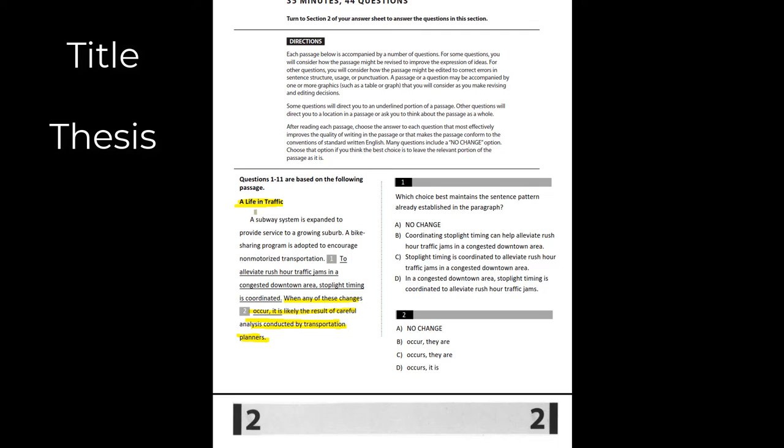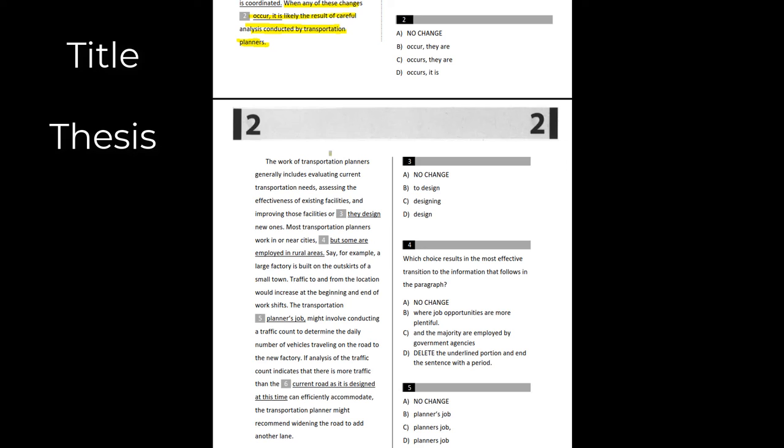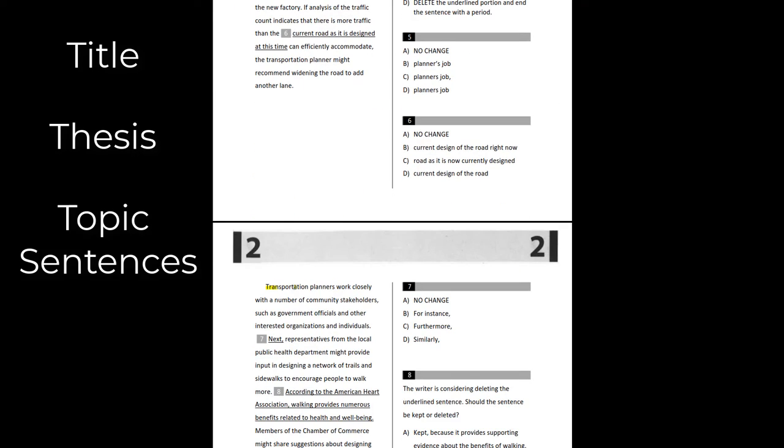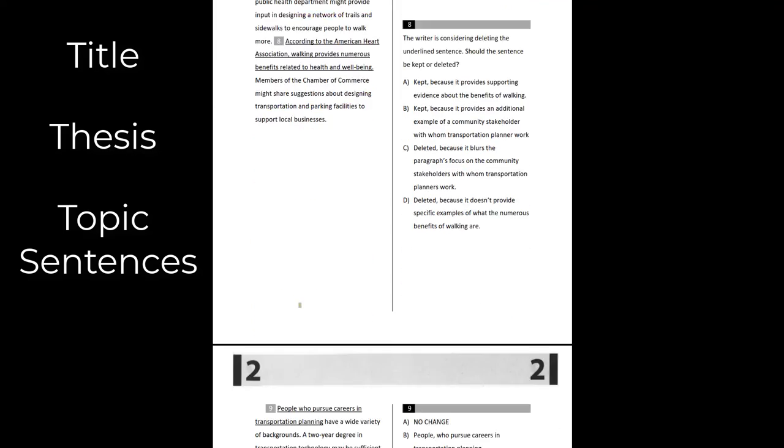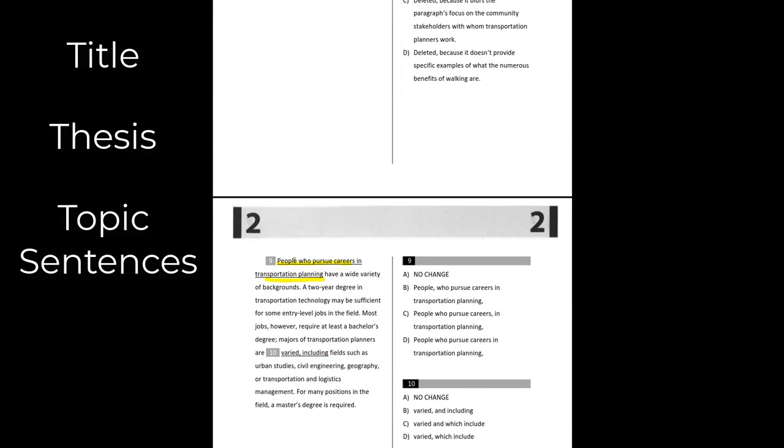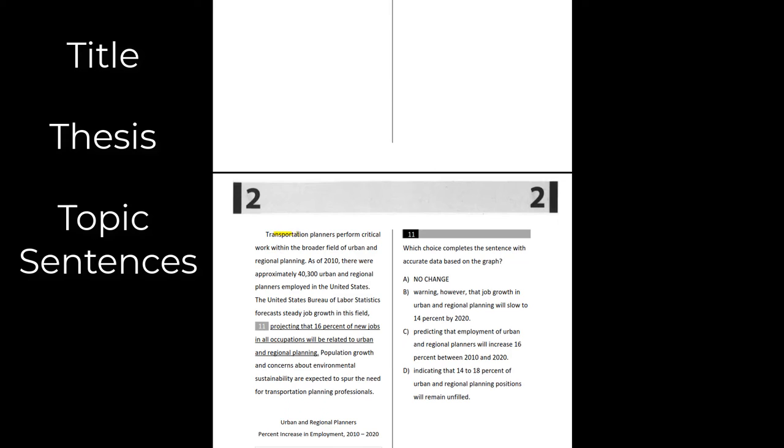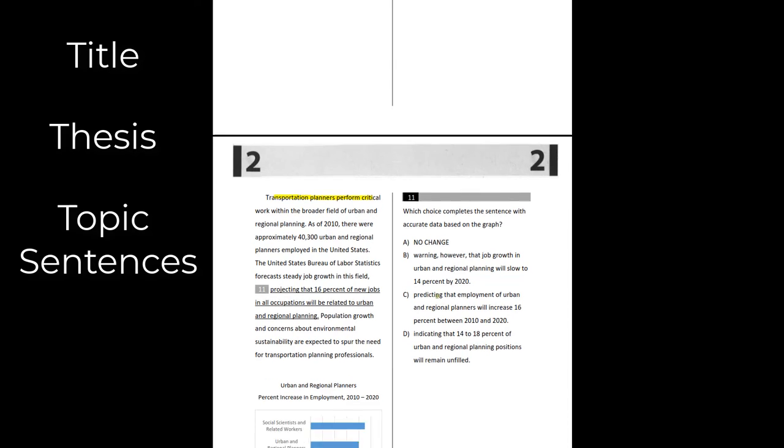So we look at the title, we look at the thesis. If you skim through the body paragraphs, especially maybe the topic sentences, the beginning of each paragraph, you can see that certainly this essay is going to be about transportation planners. It's quite clear.